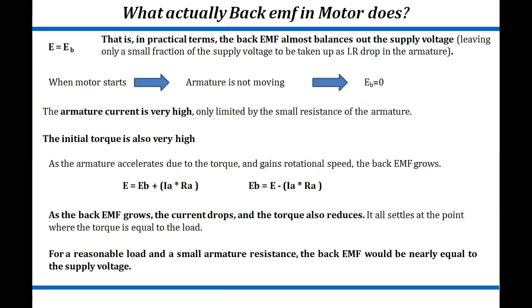In practice, the back EMF almost balances the supply voltage because it becomes very close to the supply voltage. When the motor starts, the armature is not moving, so EB will become 0. So the armature current is very high, only limited by the small resistance of the armature.